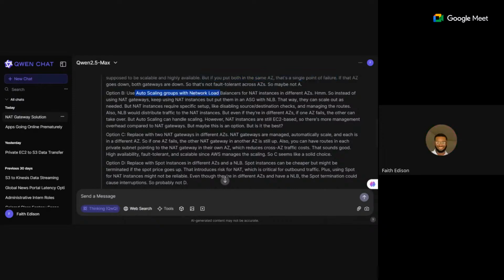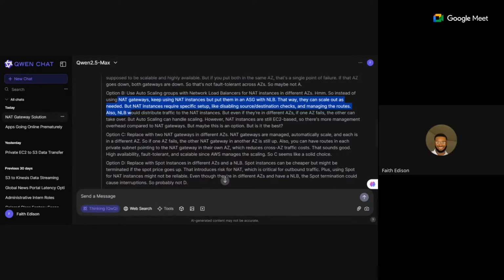Auto scaling group with, okay, so this is its explanation for option B: to use an auto scaling group with network load balancers for NAT instances in different AZs. So instead of using NAT gateways, keep using NAT instances with ASG, auto scaling group. That way they can scale out as needed. But NAT instances require specific setup, like disabling source destination checks and managing the routes.